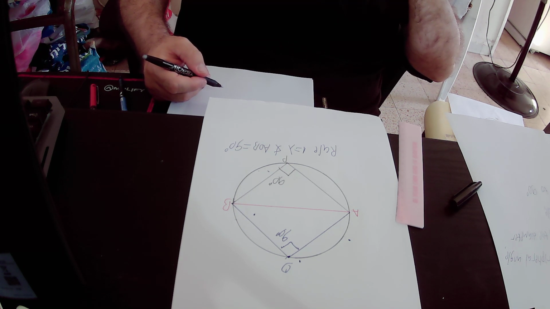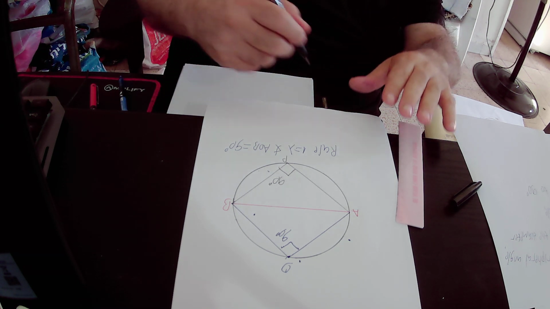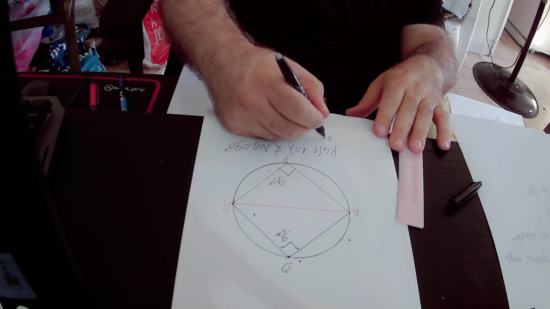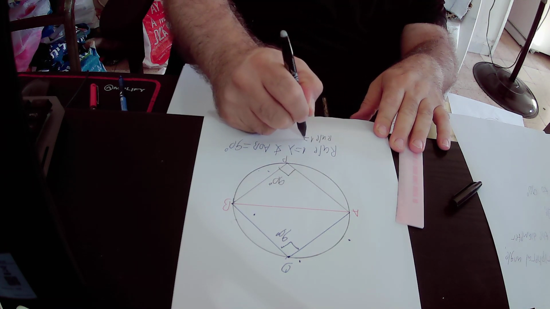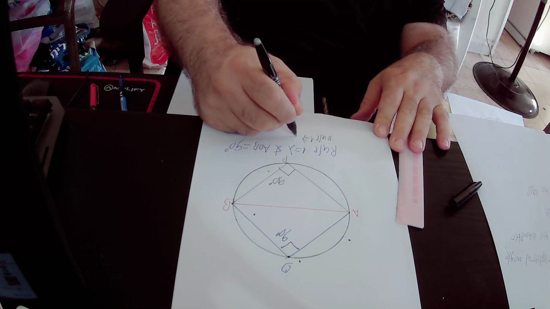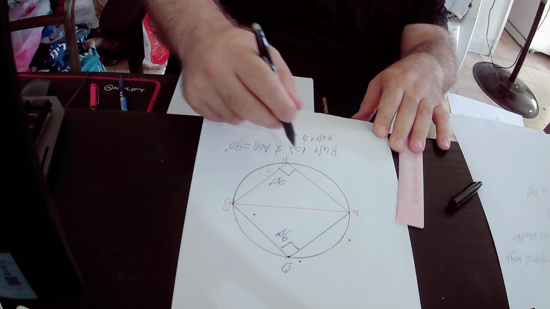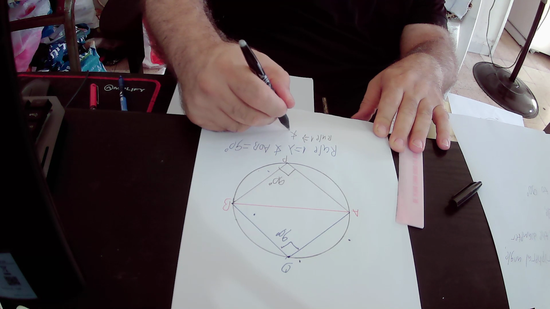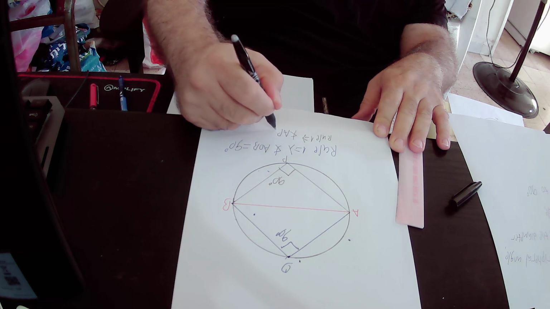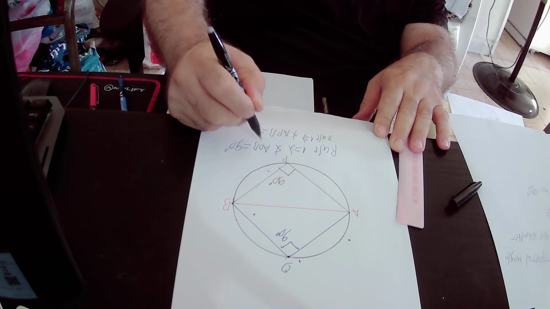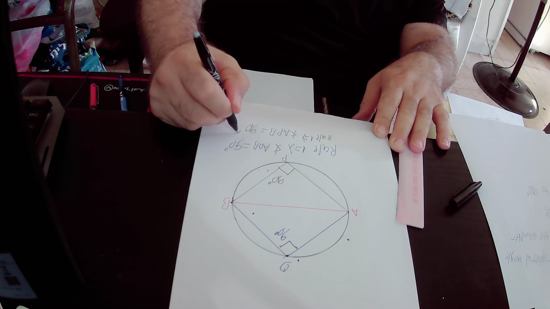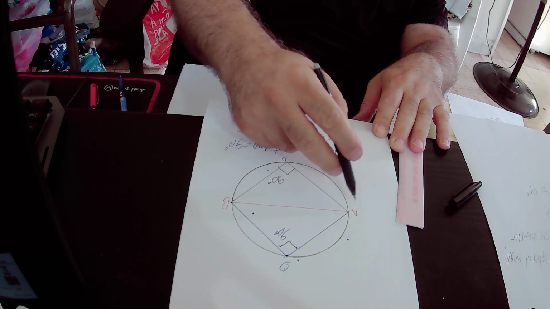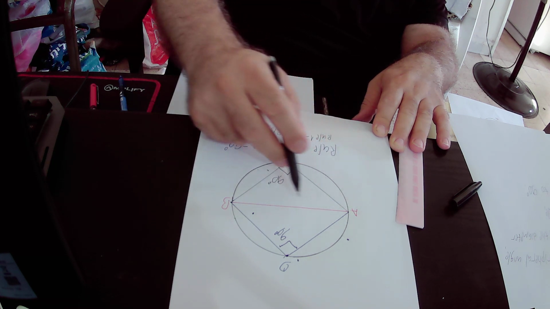Okay, so according to rule number 1, angle APB equals 90 degrees because it rests on the diameter AB of this circle.